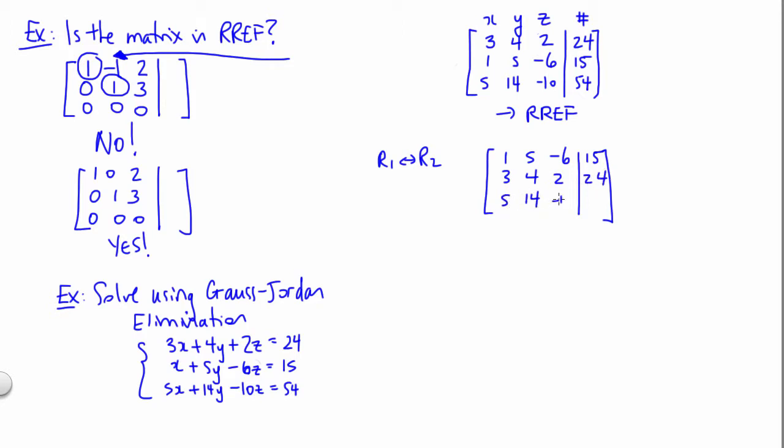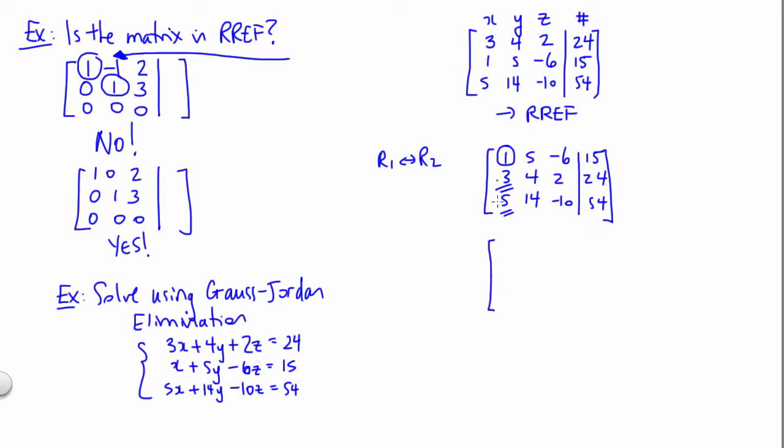And we'll leave the bottom row the same. And again, probably a good idea just to double check your work as you go. So there we go. Now I like to circle this 1. I usually refer to that as the pivot. And we're going to use this pivot now to eliminate the 3 and the 5 below it, because we need to get zeros in the rest of this first column here.